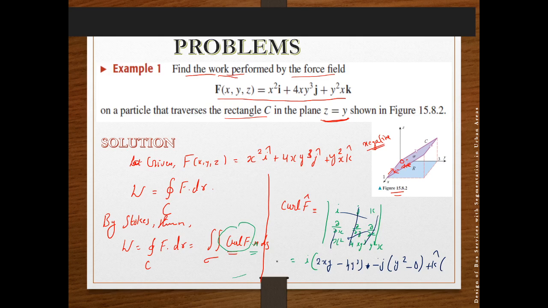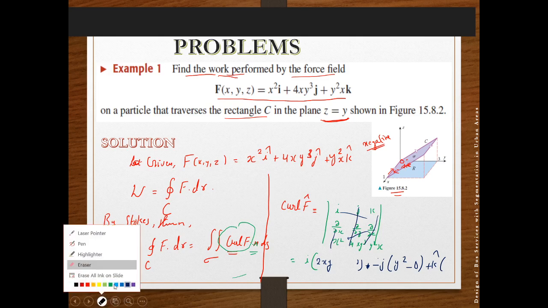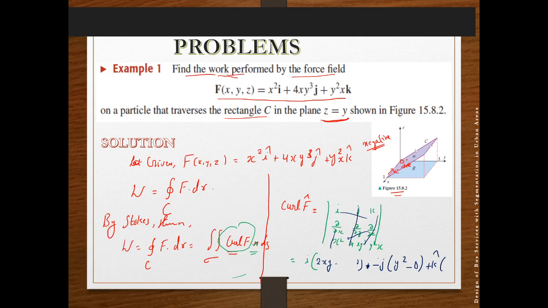I think I made a mistake, right? Del by del z of 4xy cubed, okay, that is 0. So this is minus 0, and here it's correct.